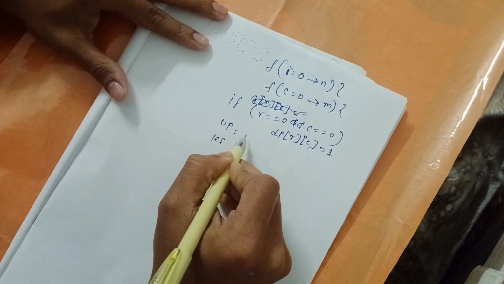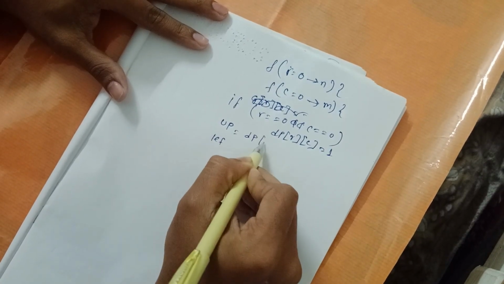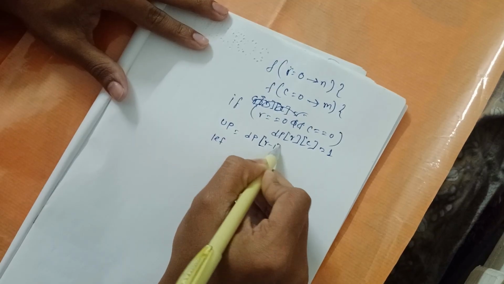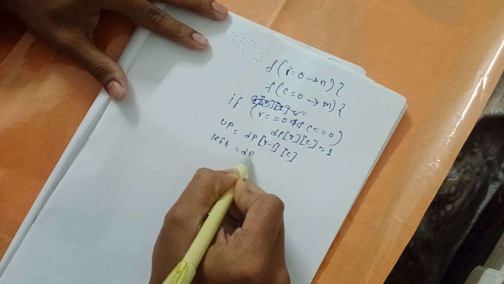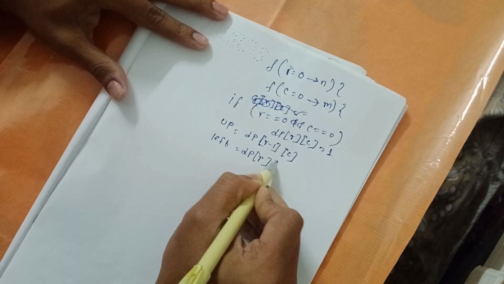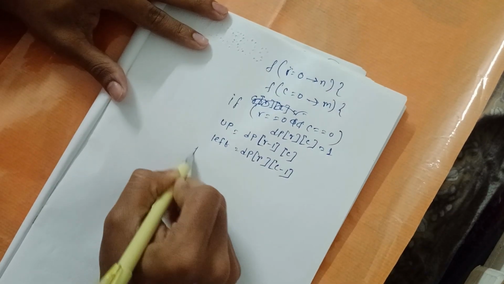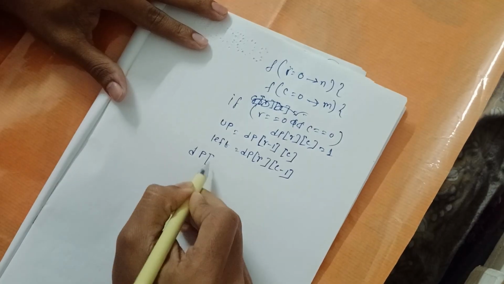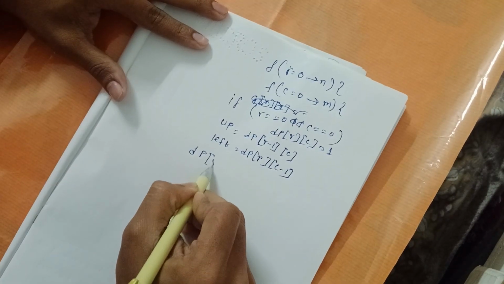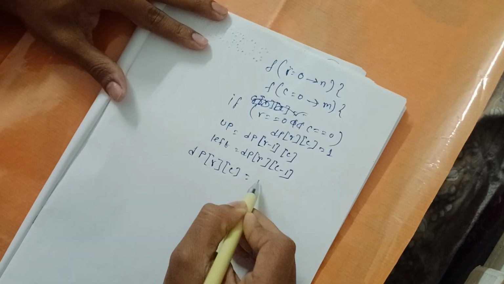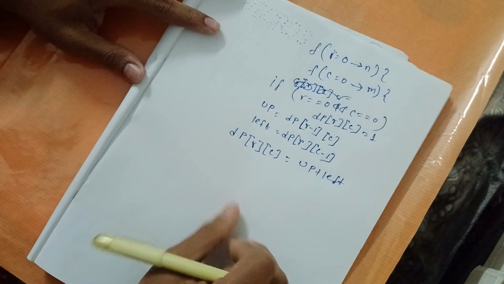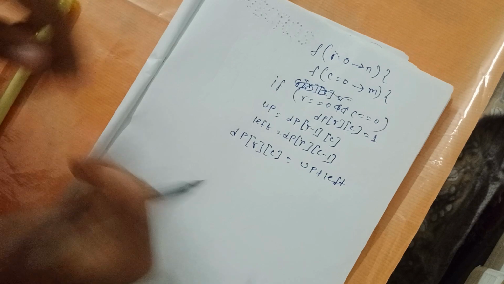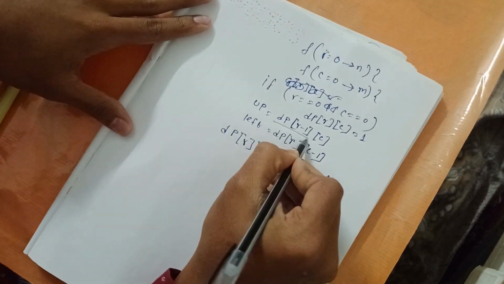For up, you write dp[r-1][c], and for left, dp[r][c-1]. And lastly, dp[r][c] equal to up plus left. That is your answer.